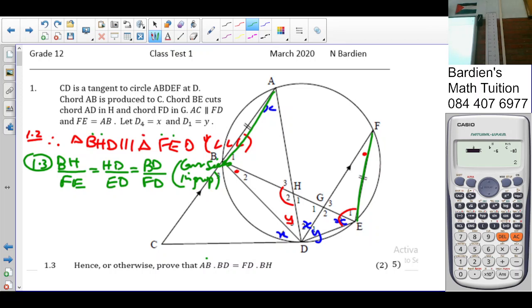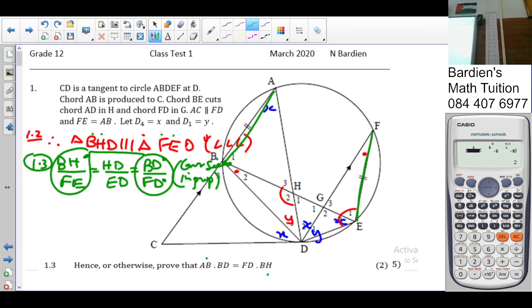Okay, wait. BH. Yeah, they want BH. They want FD. They want BD. And they don't have FE. No? So you all agree it's this here that I need to work with.